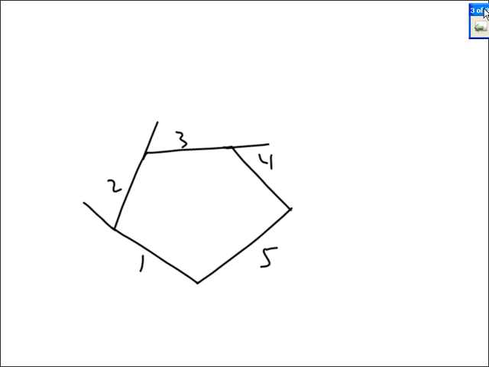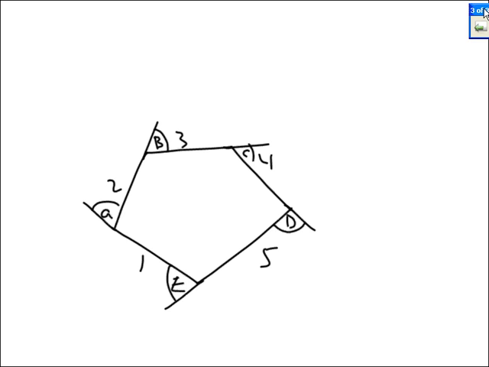Line 3, line 4, line 5. Okay, these angles, angle A, angle B, angle C, angle D, angle E. You're not going to believe it. They add up to 180 degrees. Sorry, they add up to 360 degrees. They always add up to 360.